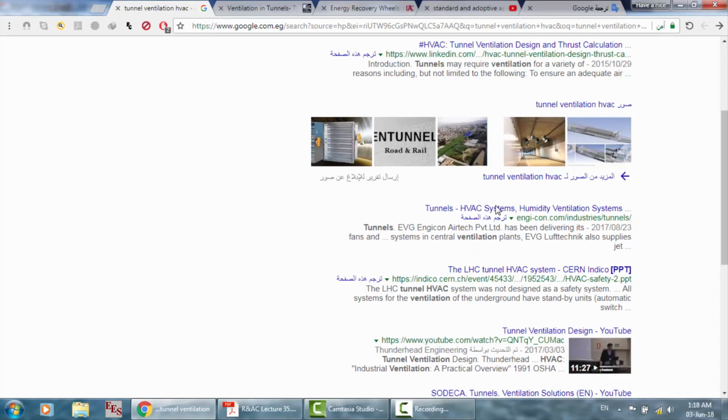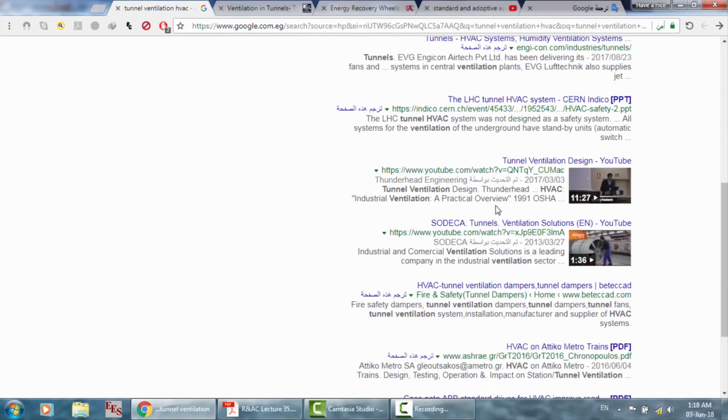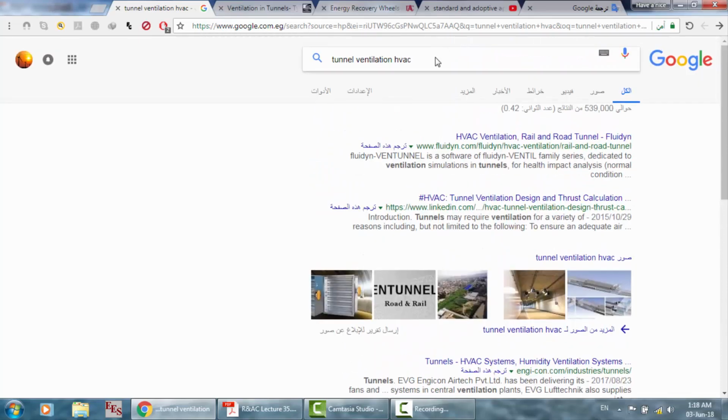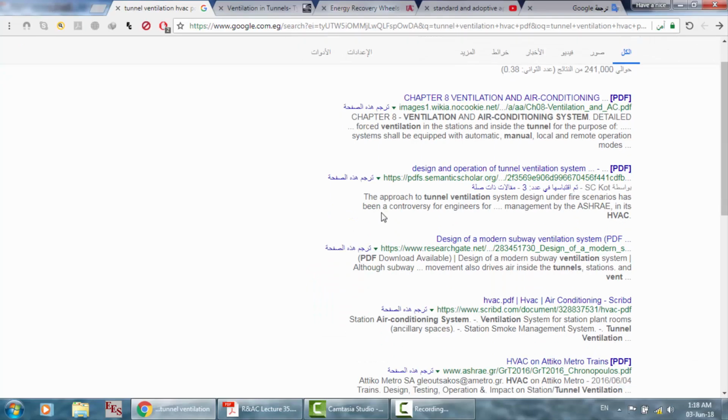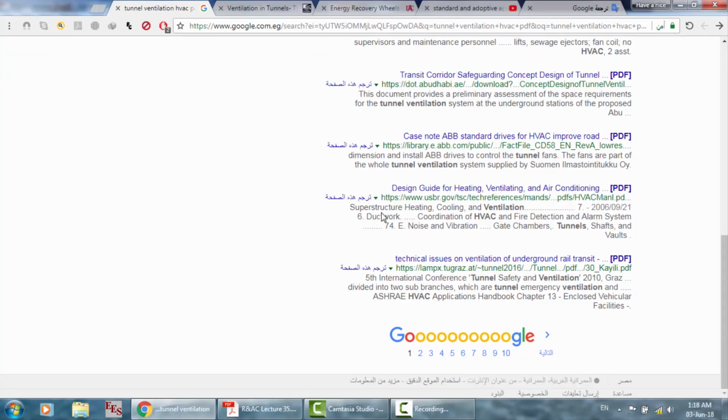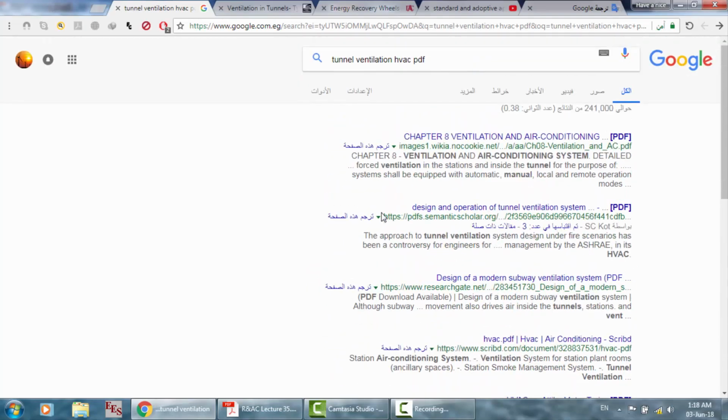You can also create a PDF. Please check out all these kinds of things for more details, and also try to know how you can calculate the things based on the HVAC systems or calculations that we have just talked about.